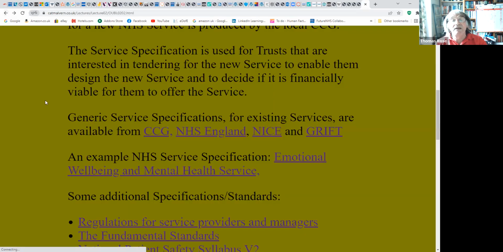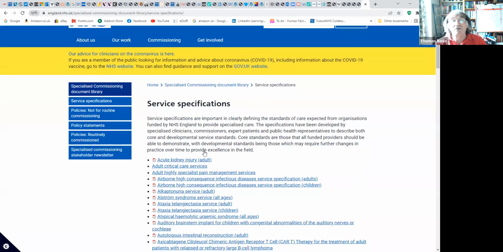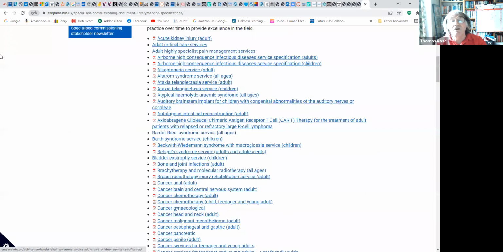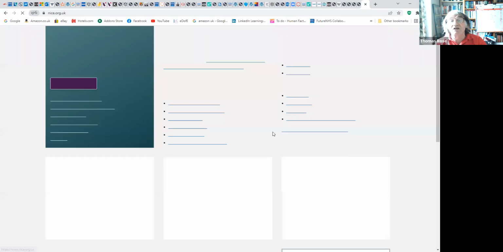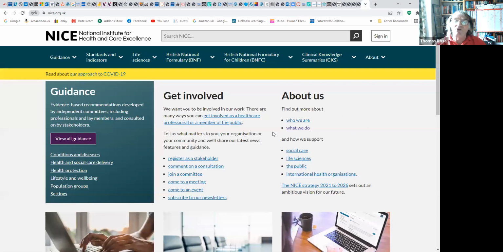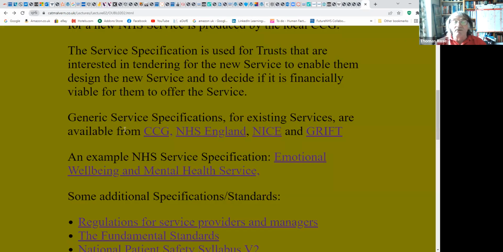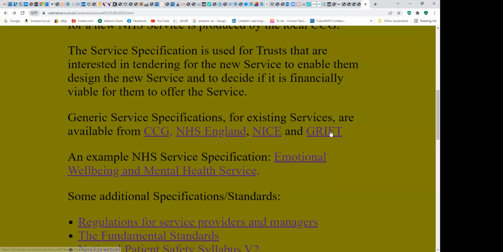The link between the CCG specifications, the NHS England specifications, which are all here for everything that you can imagine, and the NICE specifications, to me it's still a little bit confusing. And when we look at a tendering document for a new service, you can see how confusing it is. I don't think I'd like the job of trying to work it out and then get it right first time.